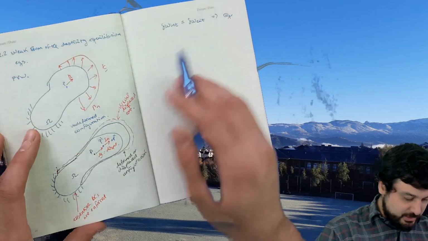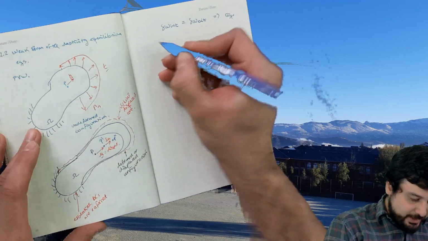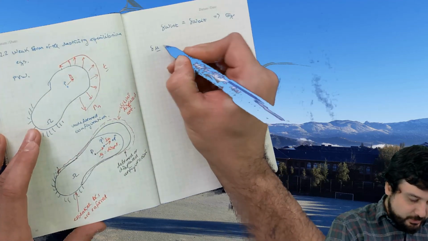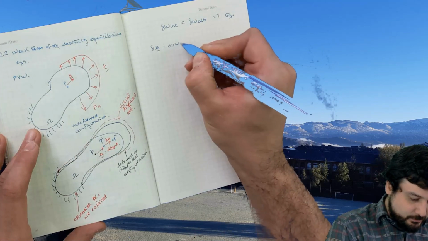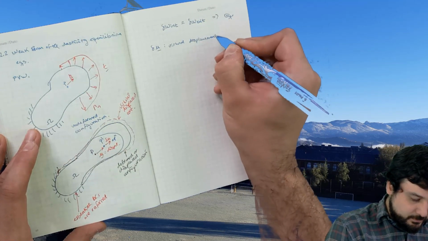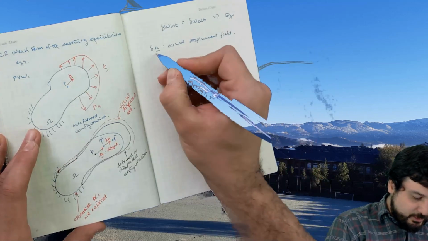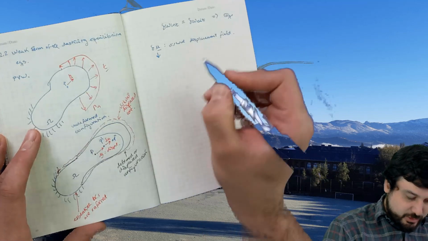So let's just put some equations here. What's the work done? So if I have delta U, a virtual displacement field, then this virtual displacement field produces virtual strains.